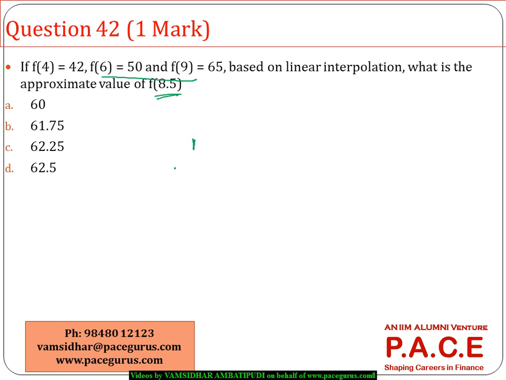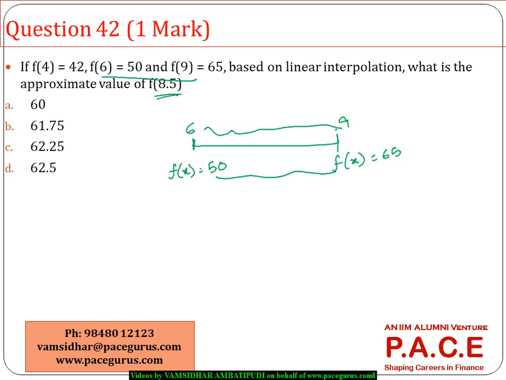At 6 it is 50, at 9 it is 65, which means between 6 and 9 this value is uniformly distributed.